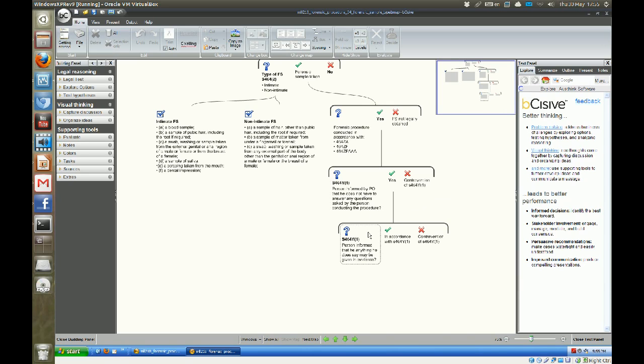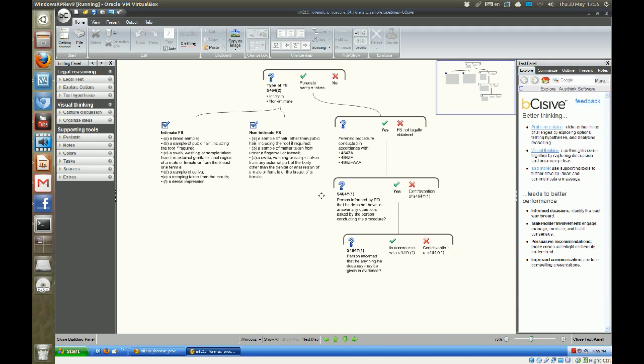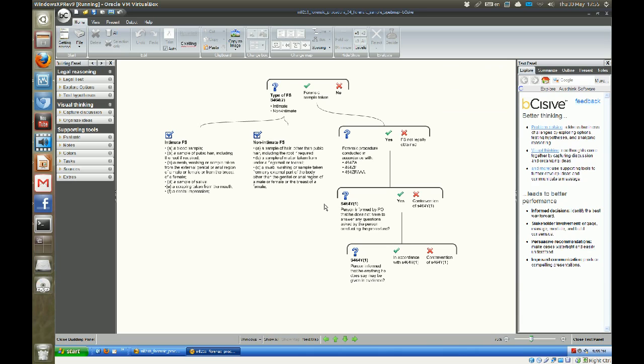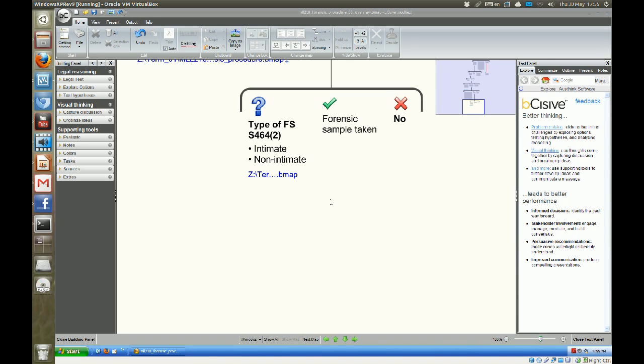As long as these two requirements have been satisfied, then there's no problem with section 464Y subsection 1. But if the person undergoes a forensic procedure and says something and wasn't made aware that saying something at the time of the taking of the sample might be used in court, then the prosecution may very well have a problem down the line. So let's go back.